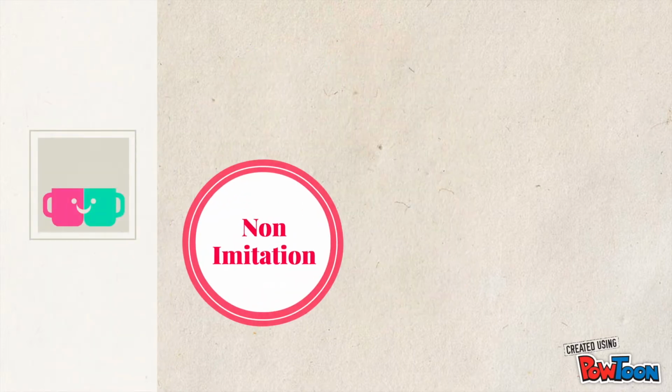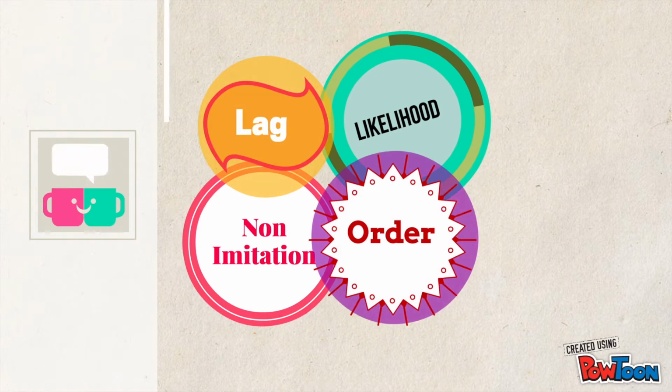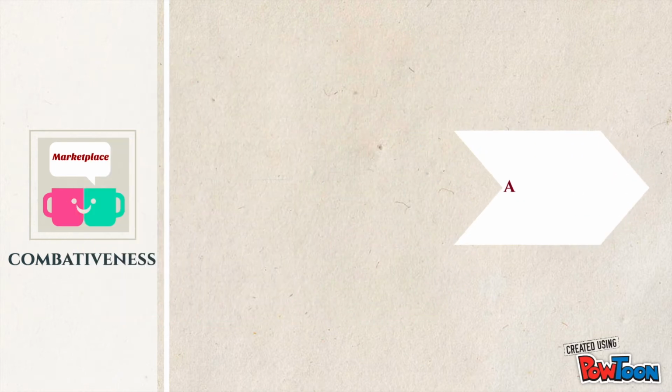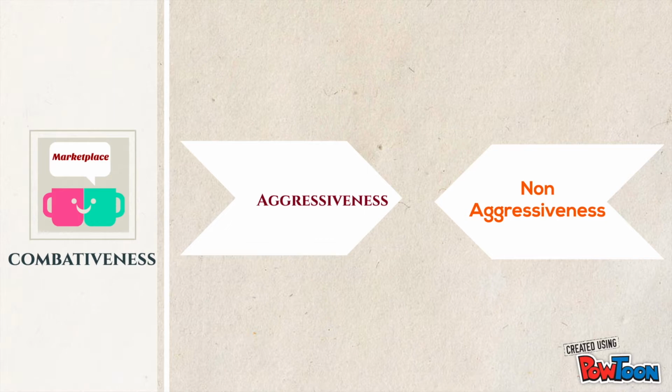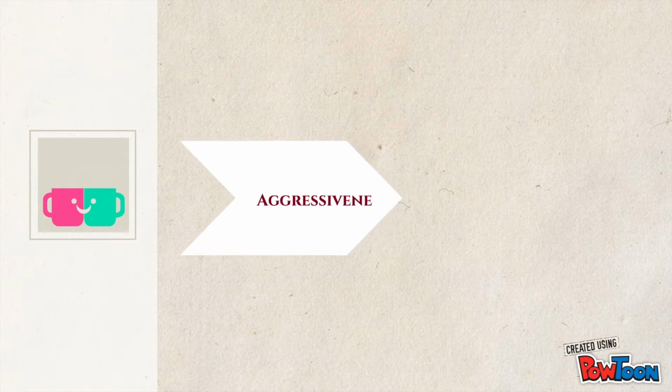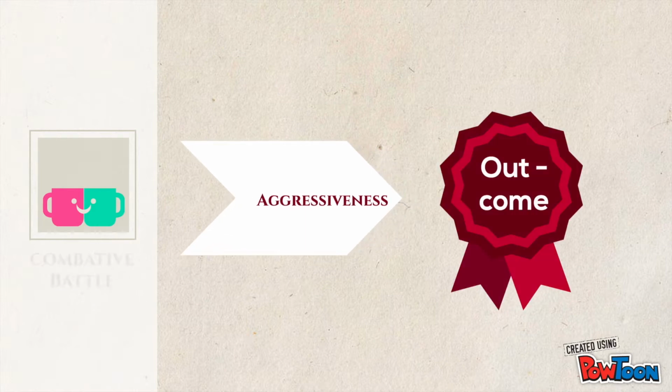For example, non-imitative, likely, fast, and first responders can be considered aggressive competitors, whereas opposite responders can be viewed as non-aggressive. An aggressive response may prove crucial to the outcome of a competitive battle.